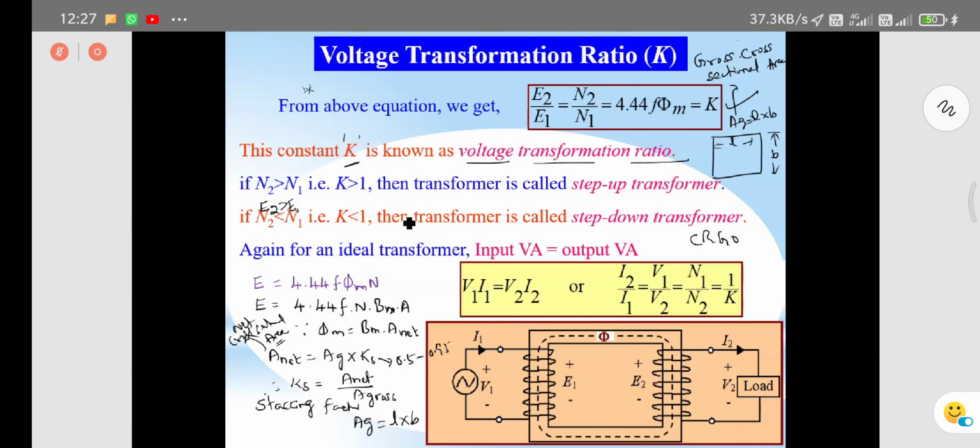So generally we have the gross cross-sectional area, and E equal to 4.44 F phi M into N, but E equal to 4.44 F N Bm into A. But that A is nothing but here, phi M equal to Bm into the net cross-sectional area.